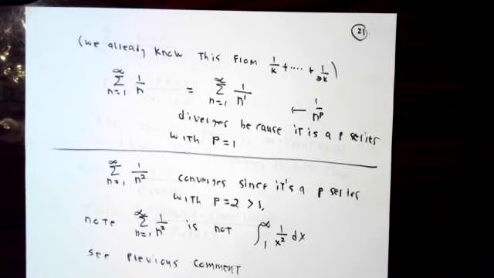On the other hand, the sum, n equal 1 to infinity 1 over n squared, the things that you're adding up look like 1 over n to the p when p is 2. Because of what we said previously, since 2 is bigger than 1, the series converges. I know that automatically because it's a p-series with p equal 2, which is bigger than 1.